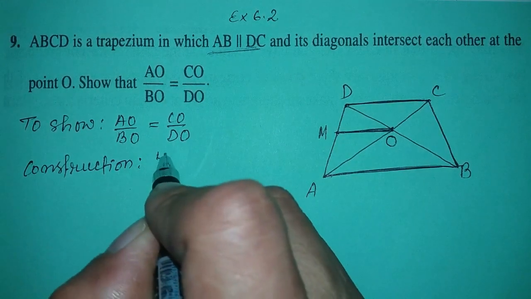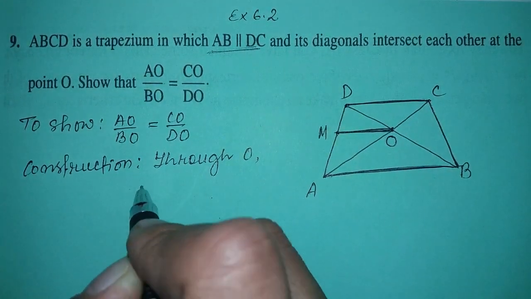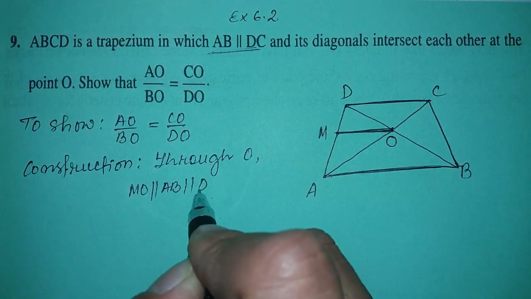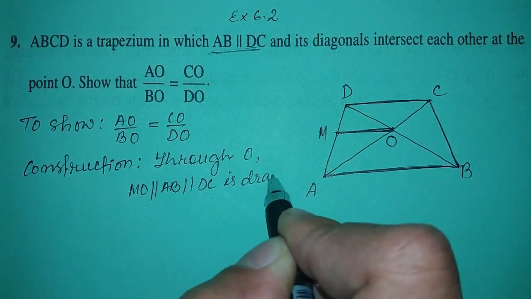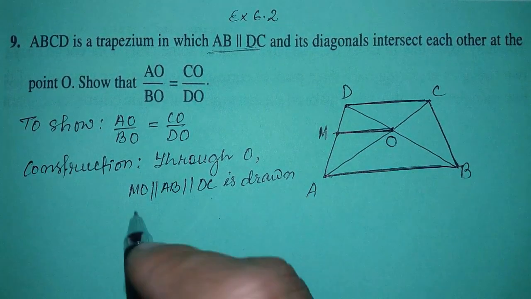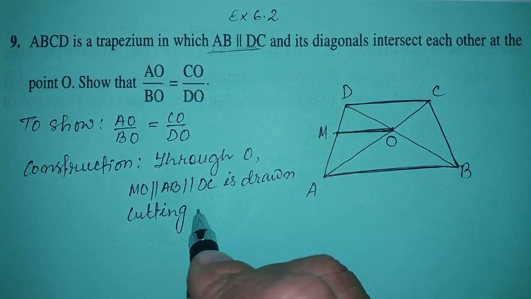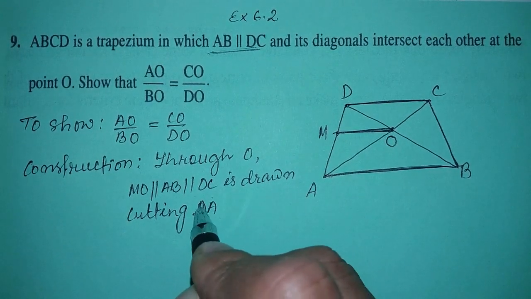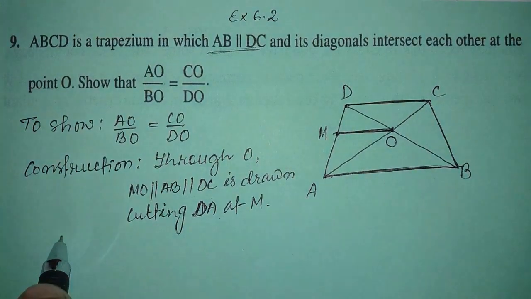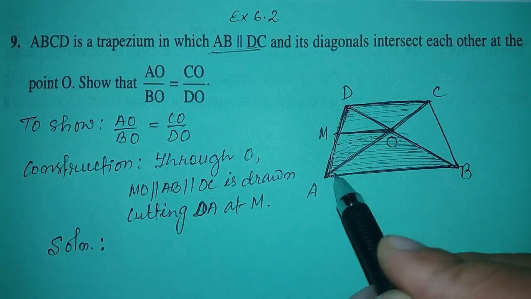So we're going to write here: construction, through O, MO parallel to AB and which is also parallel to DC is drawn, and this line is intersecting AD, let's say DA, at M. Now first step, let's take this triangle DAB.